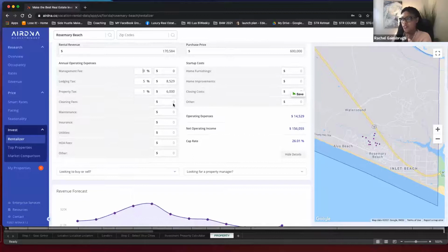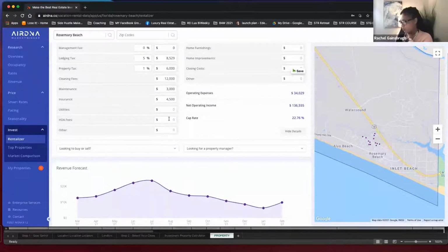I self-manage. Cleaning fee, I would say probably, okay. Maintenance, if it was old, maybe 5K, but it's new, 3K. Insurance, 4,500. HOA is 150. Utilities, off the top of my head, not sure. I'll just put in 10K for now.